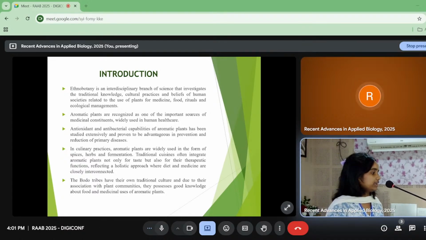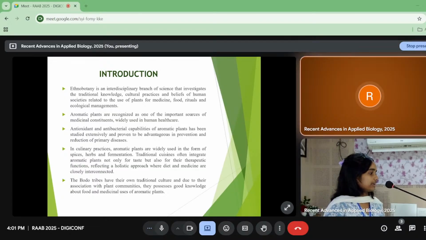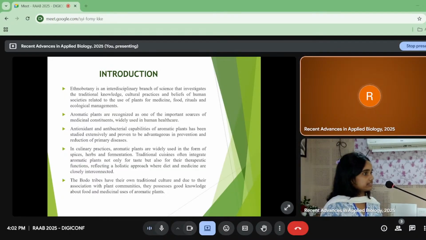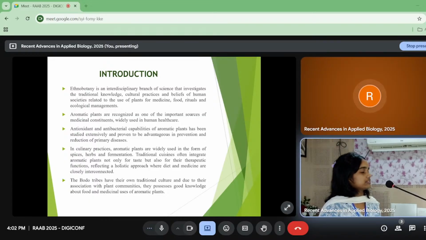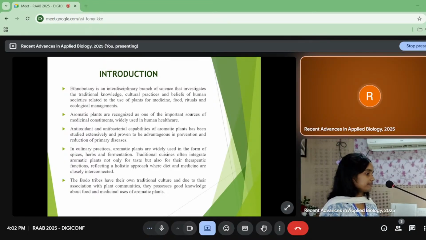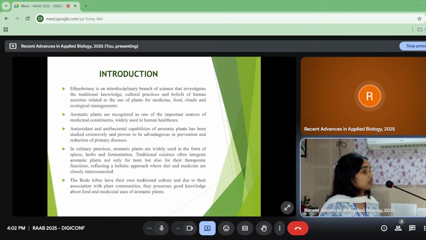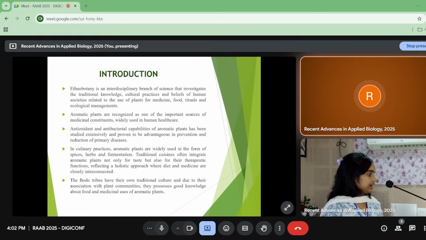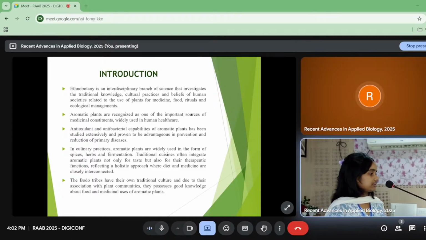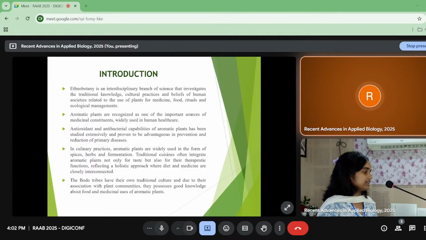Next, what are aromatic plants? So aromatic plants are basically one of the important sources of medicinal constituents widely used in human healthcare nowadays. And the antioxidant and antibacterial capabilities of all aromatic plants are advantageous in prevention and reduction of primary diseases.